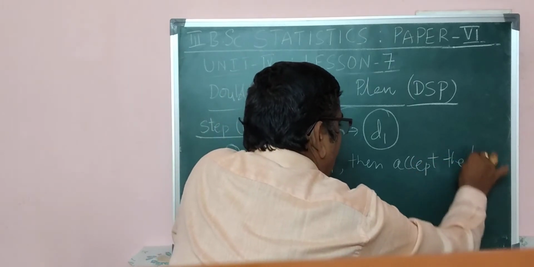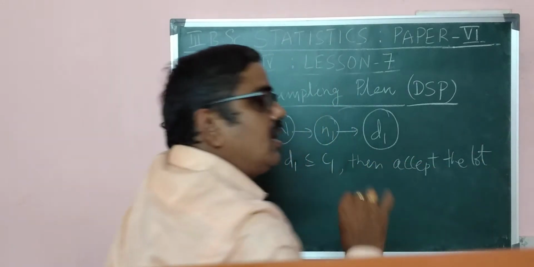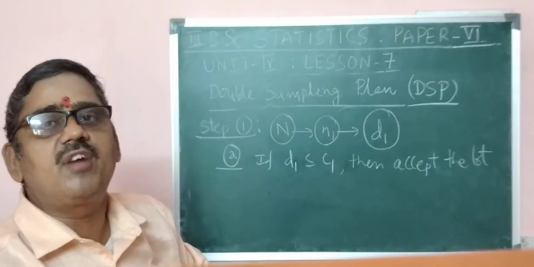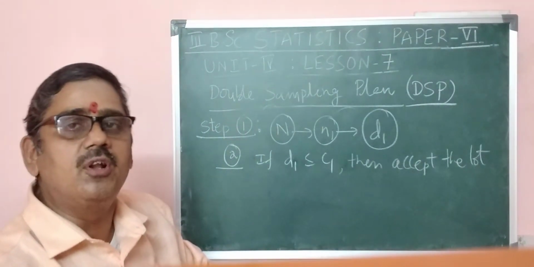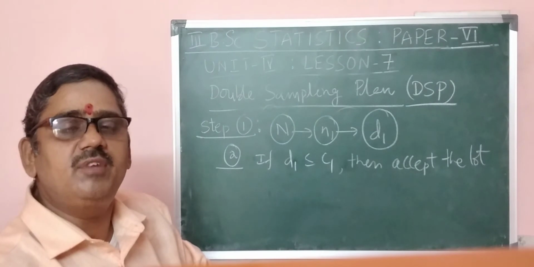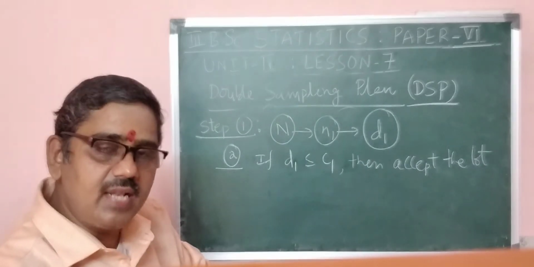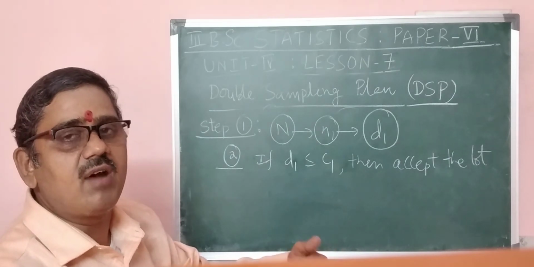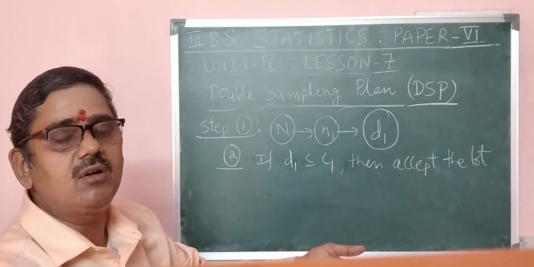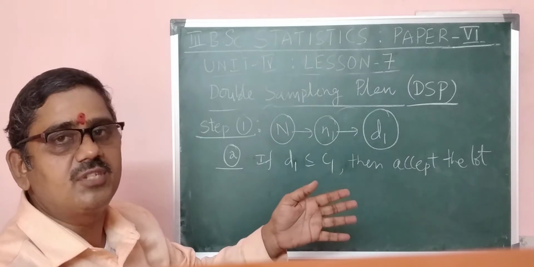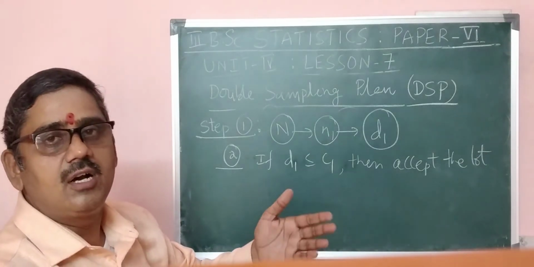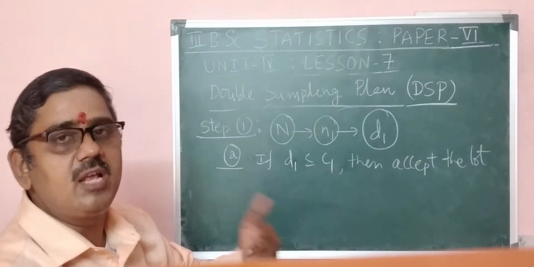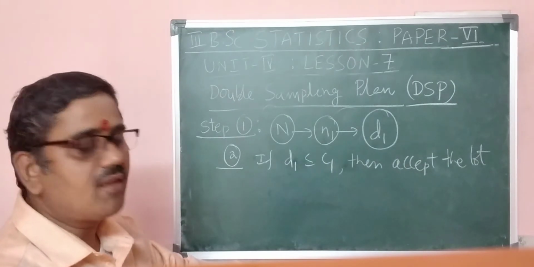Accept the lot, replacing whatever defective items were found with non-defectives, which means good ones. All discovered defective items are to be replaced with good ones, and we can stop the procedure. No need to go for taking the second sample and the remaining procedure. Hope you understand.